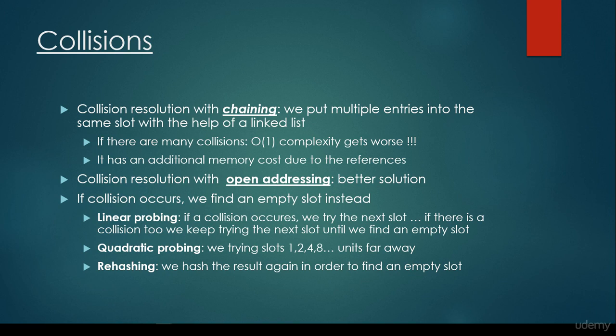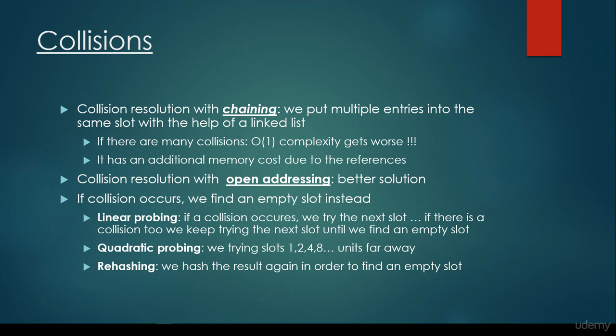Okay, so for example, we have a collision at the index 5. Then we check the index 6. Okay, if it's not empty, we check index 7. So we keep considering the slots in a linear manner, one by one. What is the quadratic probing? We're trying slots 1, 2, 4, 8, 16 and so on units far away from the collision.